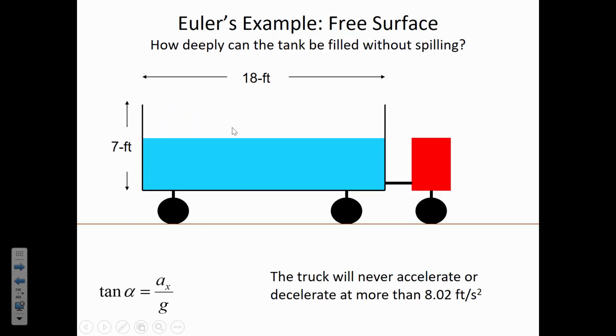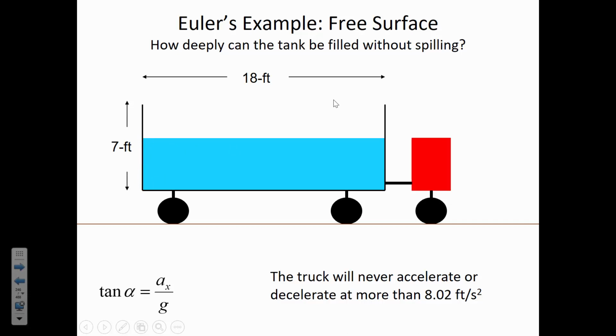So if you have a problem like this, where we've got a tank of water, if you flip over the back side of the paper is where you've got this problem. Now I'll warn you, traditional units. The tank is filled with water. The overall height of the tank is 7 feet.